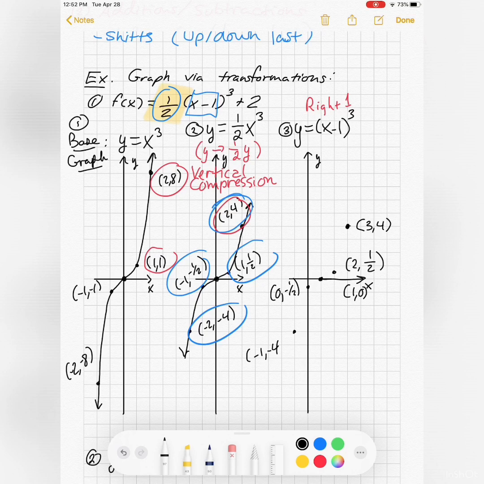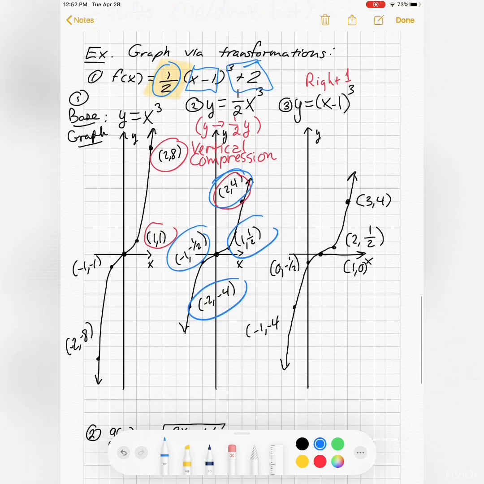Okay, so what else? Let's connect those points with our cubic function. Try to do a decent job graphing that. Okay, something like that. All right, and then the very last thing I have to account for is that shift up 2.